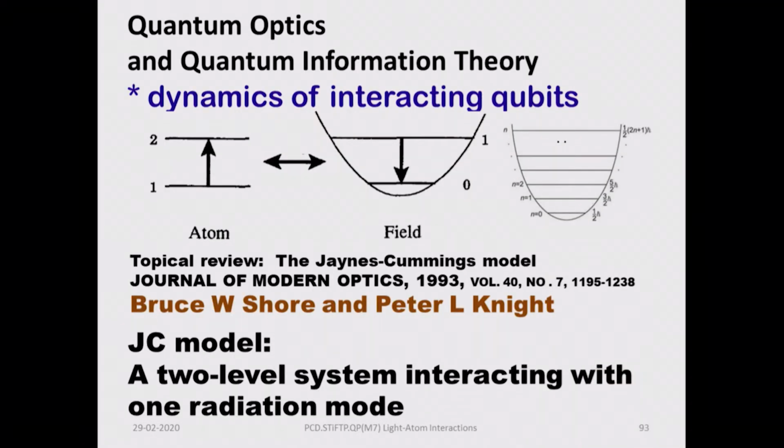So, this is the quantization of the electromagnetic field described in terms of the harmonic oscillator operators, all right. And you can also refer to this article by Shore and Knight, which I had mentioned earlier. So, basically you have a two-level atomic system interacting with one single radiation mode, okay.